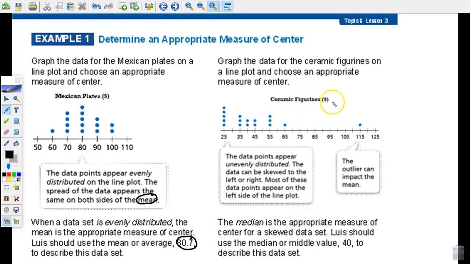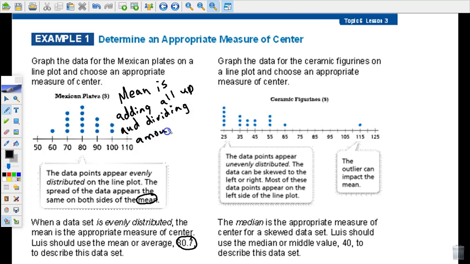But for the ceramic figurines, mean is adding all up, just in case you guys forget what mean is, all up and dividing by the amount of numbers.